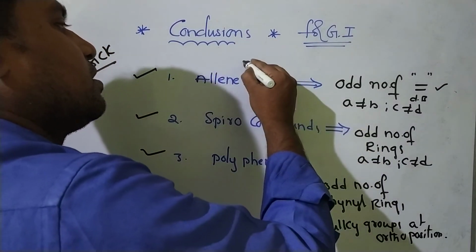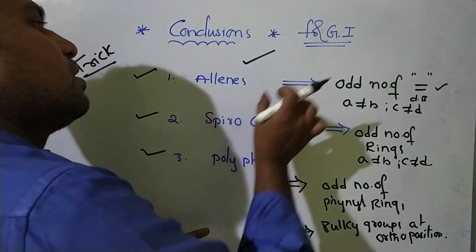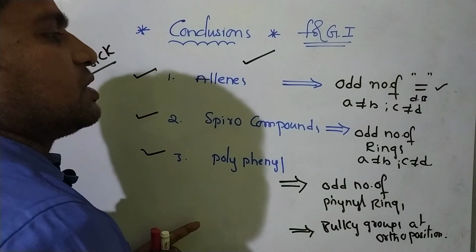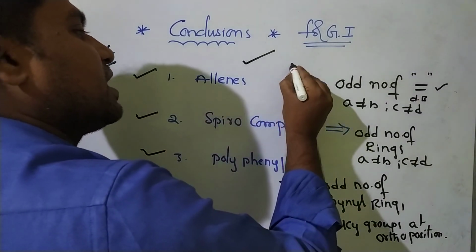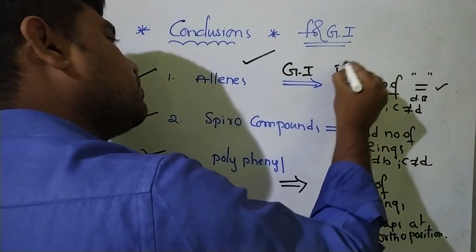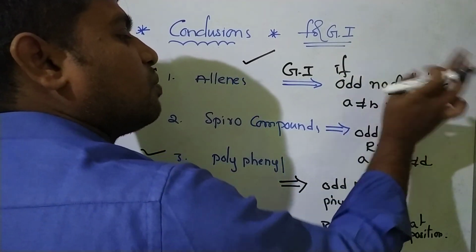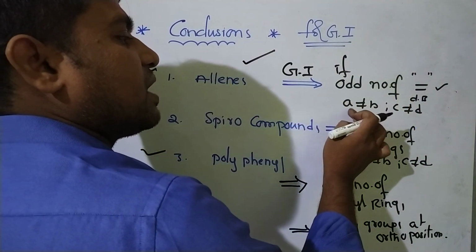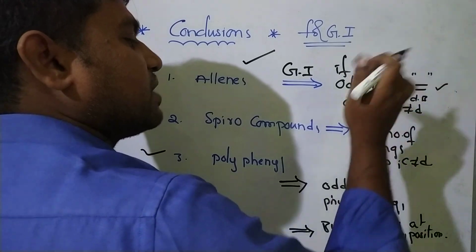So this is the very important conclusion for exhibition of geometrical isomerism. Allenes will show geometrical isomerism if an odd number of double bonds are there and the terminal carbon atoms have different groups.